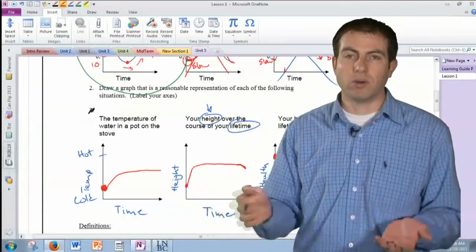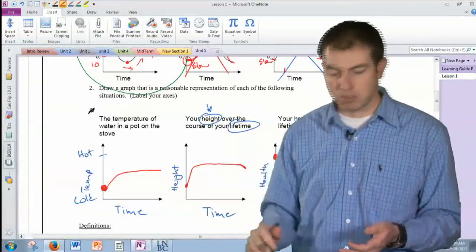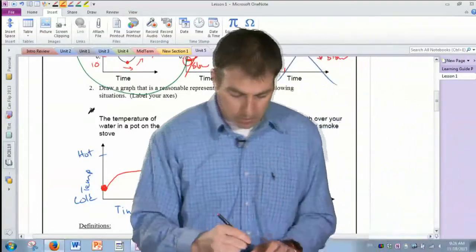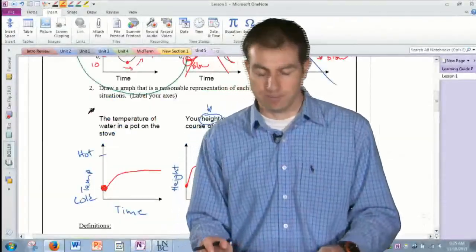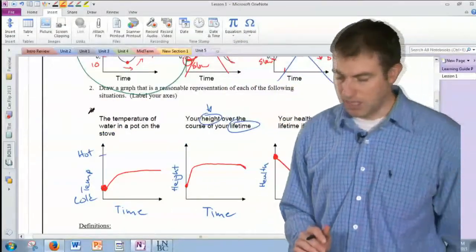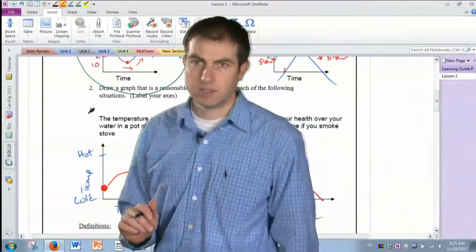Now, I don't know at what rate, if you're going to have little bumps along the way, but I'm going to go ahead and just say that you probably would have something like that. And then eventually you would succumb to your smoking and maybe end up down there at the bottom.